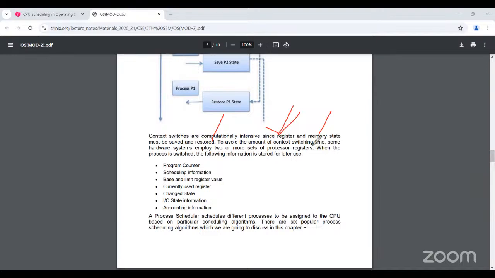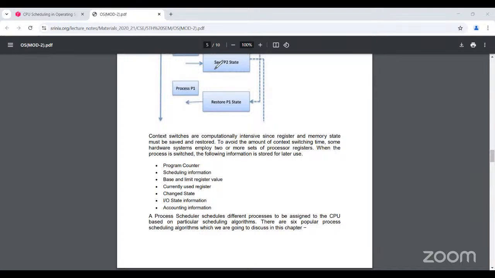To reduce context switching time, some hardware systems now provide two or more sets of processor registers. So how are they able to access it so quickly?